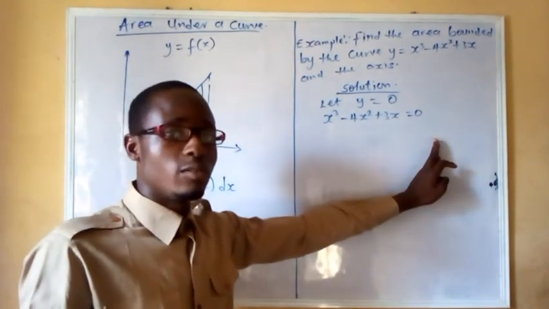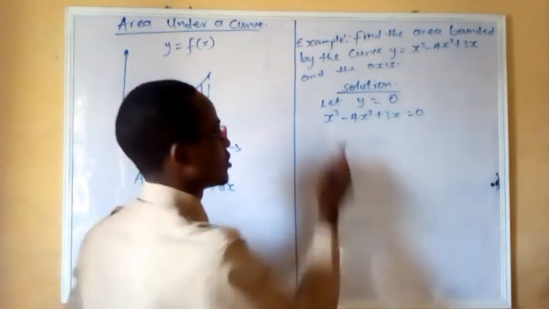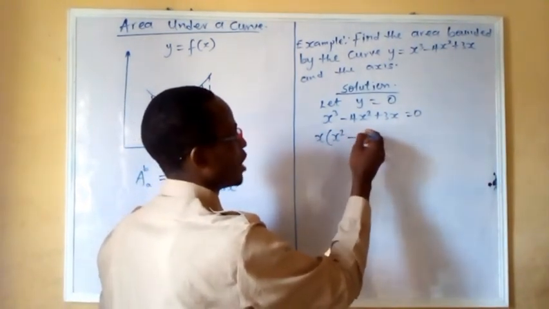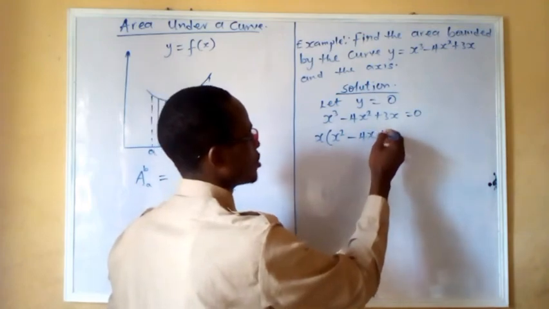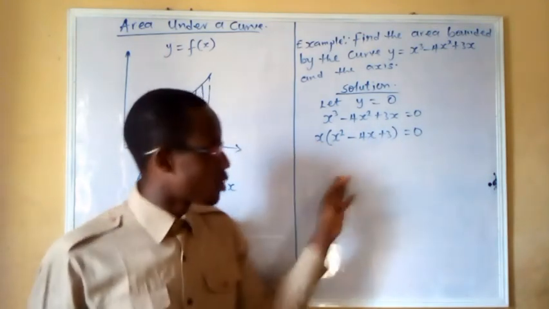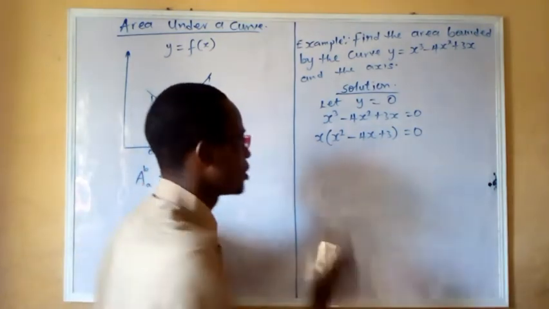Then we solve for the value of x. If we factorize, we have x into x squared minus 4x plus 3 all equals 0. Then we can still factorize the quadratic expression.